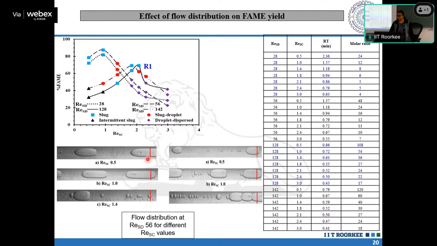So the specific area of contact in such cases is less, whereas for case 1 a number of droplets are formed, so the specific area of contact is higher. You may argue, why not at Reynolds number 1.4, where the number of droplets is even more? So we expect a further increase of specific surface area. Then why has the yield decreased from here to here?